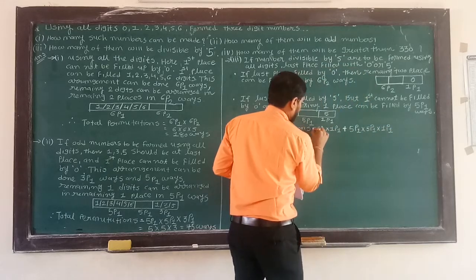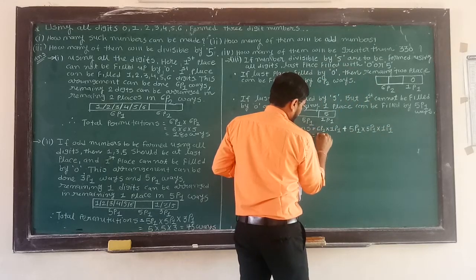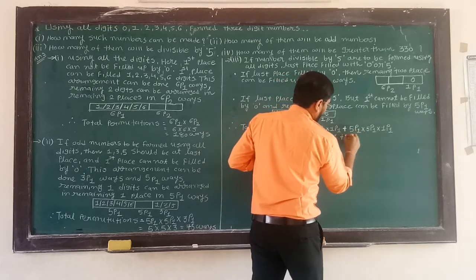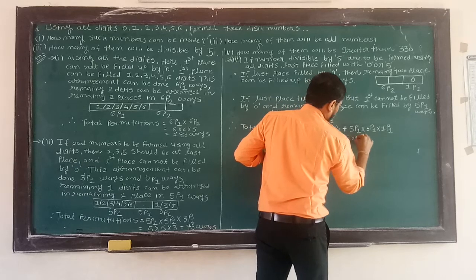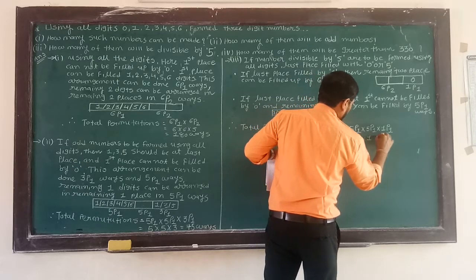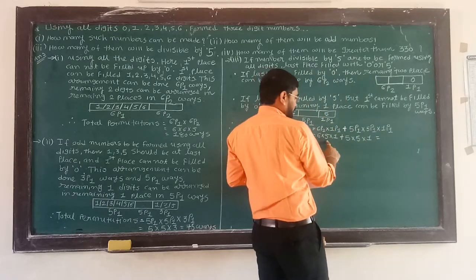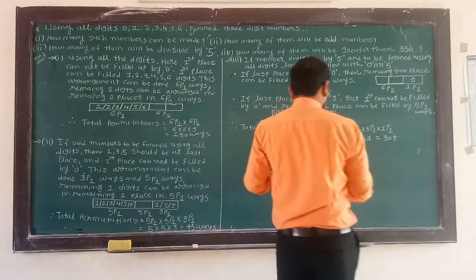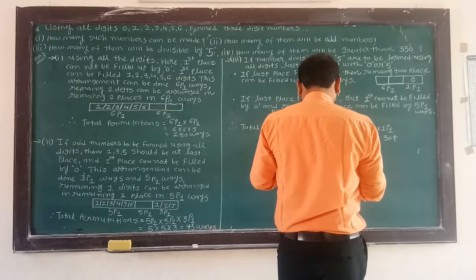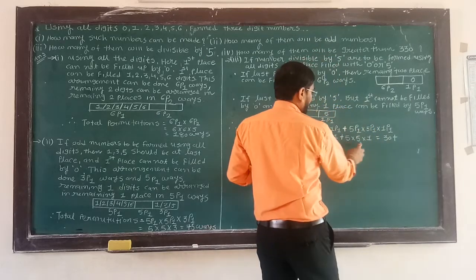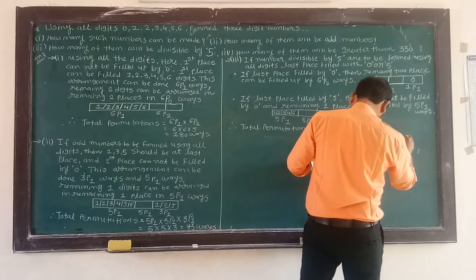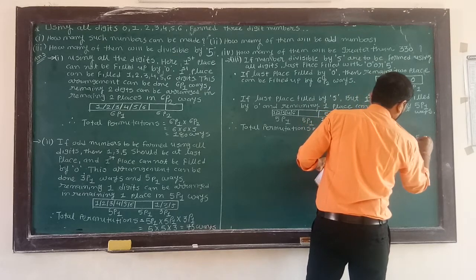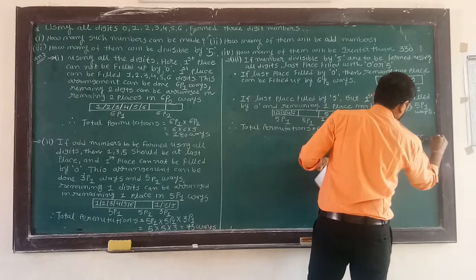So students, here 6 into 5 into 1, here 5 into 5 into 1. So 6 into 5, 30, plus 5 into 5, 25. So 55 ways.